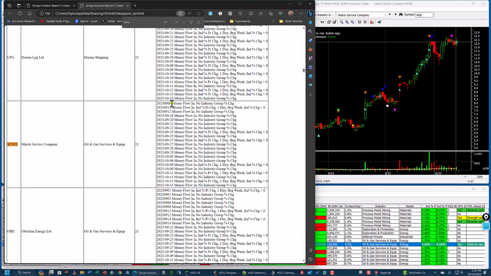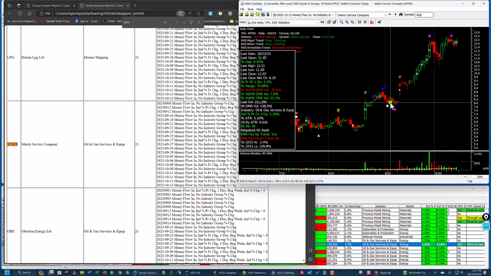Okay, it started showing up clear back in September on the 6th, which would have been right here. And then it showed up again on the 12th. That's the 18th. Right here on this red candle, just before the move started up.